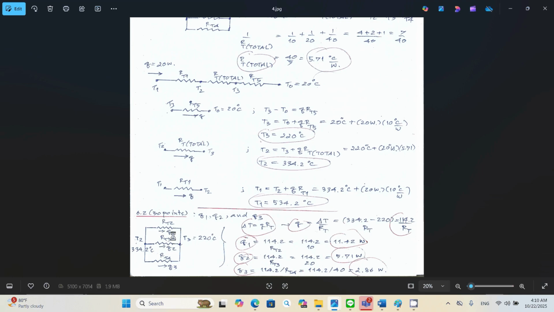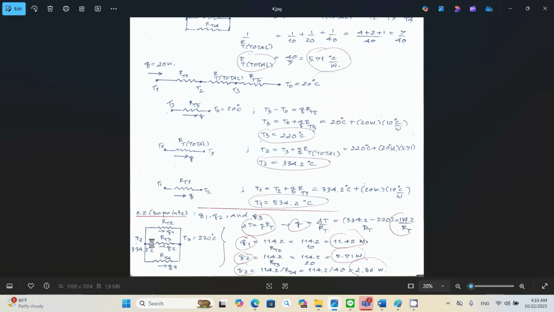Now the last one, I ask you to look for Q1, Q2, Q3, the heat flowing through RT2, RT3, RT4. Same as the electrical circuit. So you have delta T equal to QRT. For Q, that's equal to delta T over RT, and different temperatures are equivalent to different voltages in the electrical circuit.